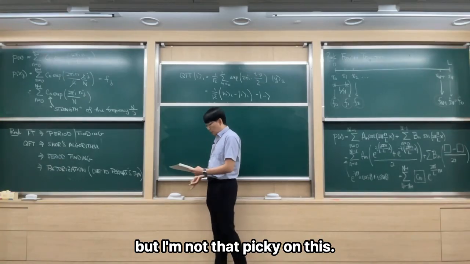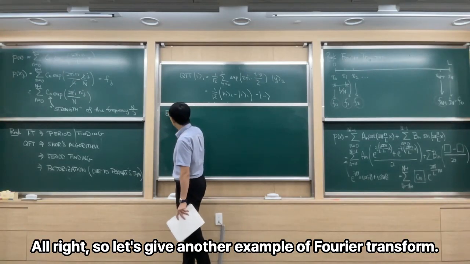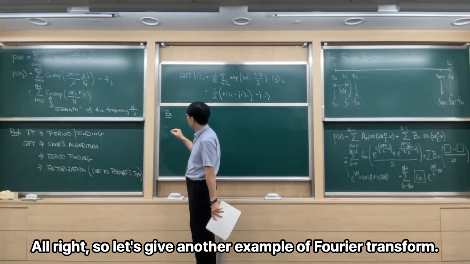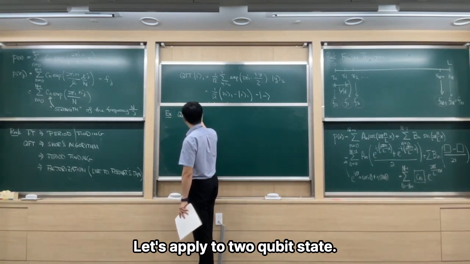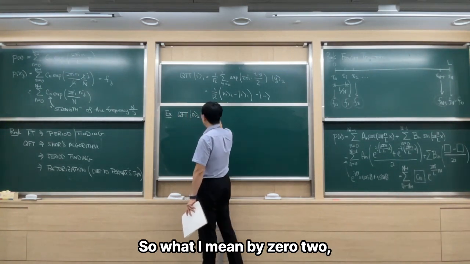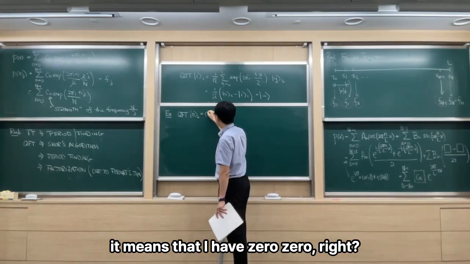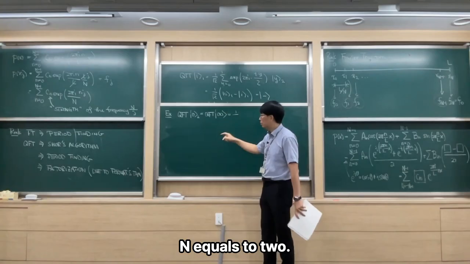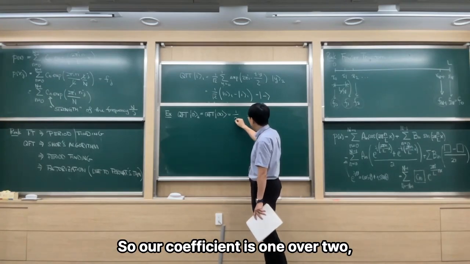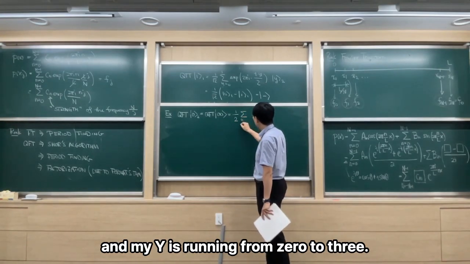All right, so let's give another example of Fourier transform. Let's apply it to a 2-qubit state. So what I mean by 0, 2, it means that I have 0, 0, right? So in this case, n equals 2. So our coefficient is 1 over 2. And my y is running from 0 to 3.